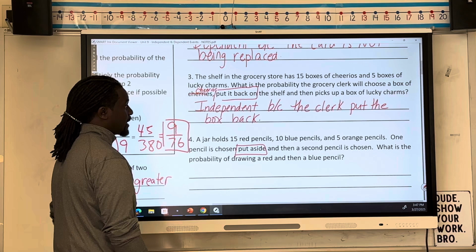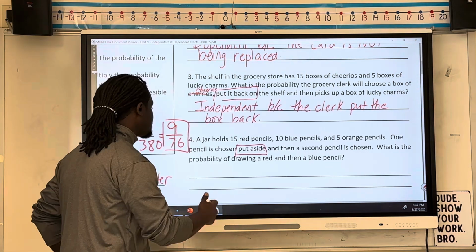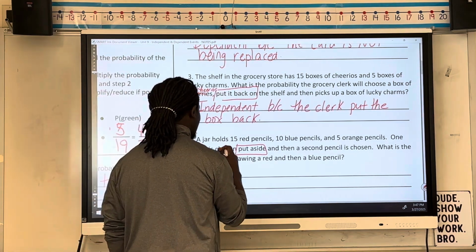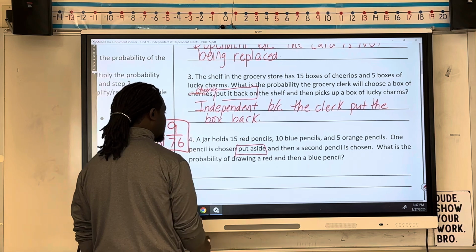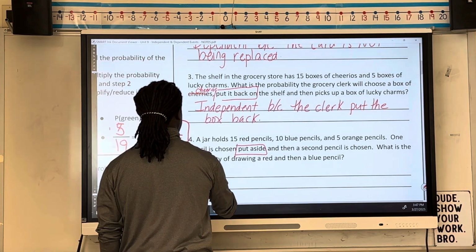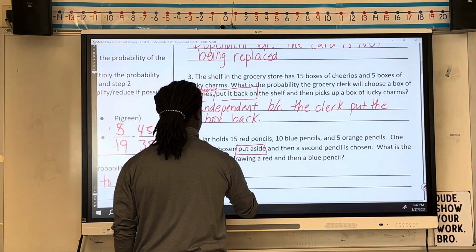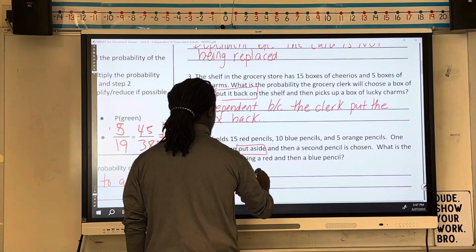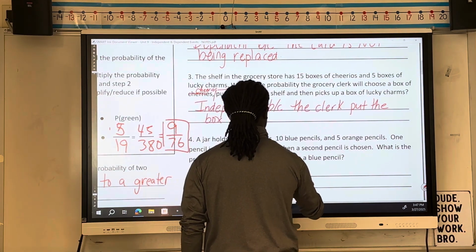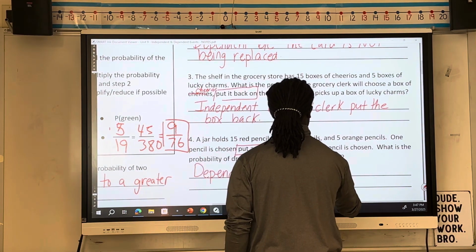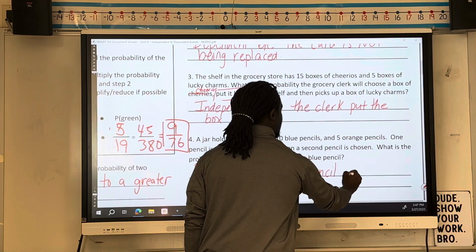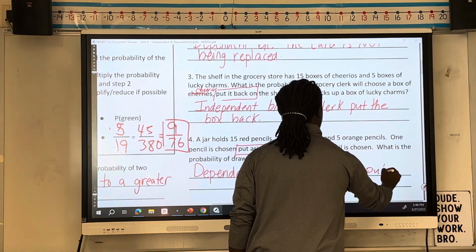Again, we're not finding the probability, we are just determining whether it's independent or dependent. And this one is dependent because it is put aside. It is not replaced, because the pencil is put aside.